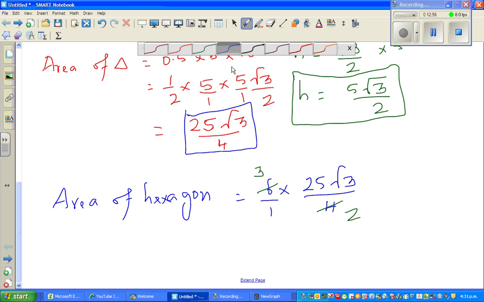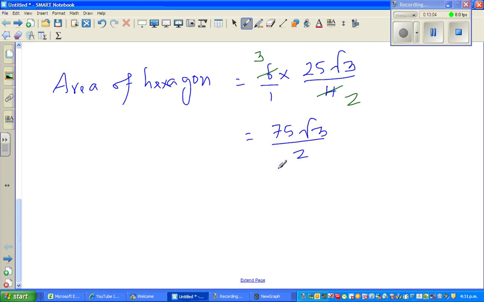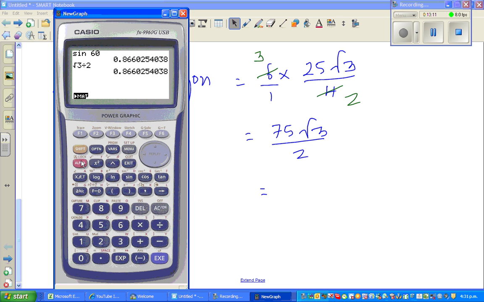So this simplifies to 25 times 3, which is 75 root 3 over 2. If you want this as a decimal, it's 75 times root 3, and then divide by 2.